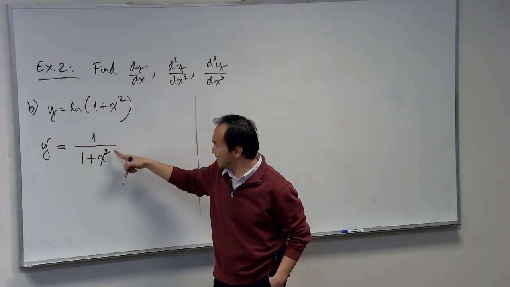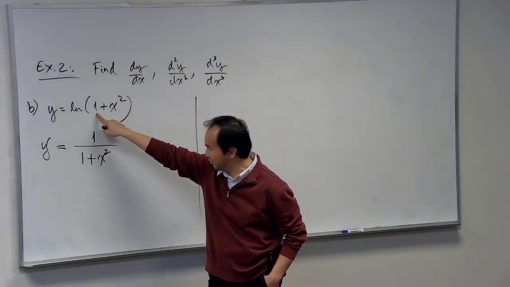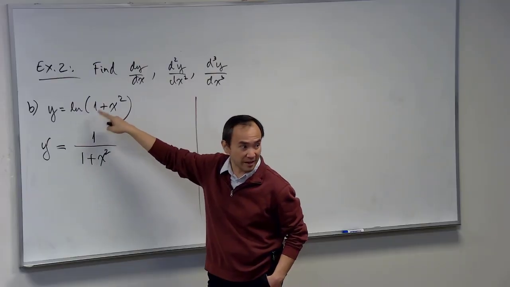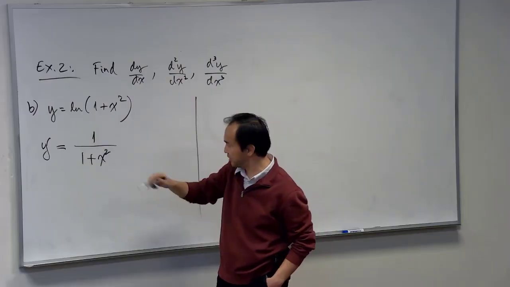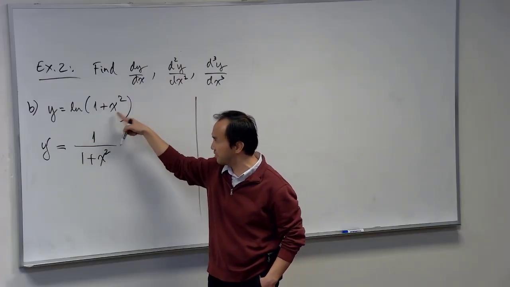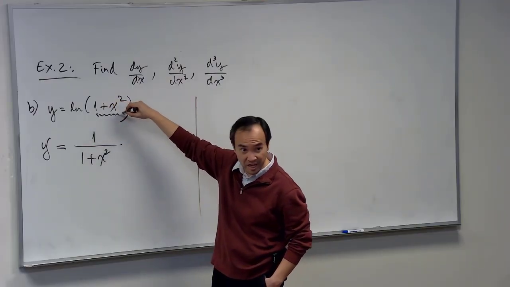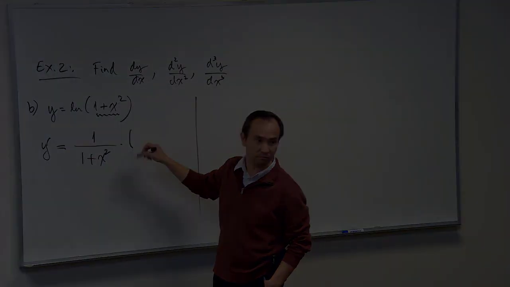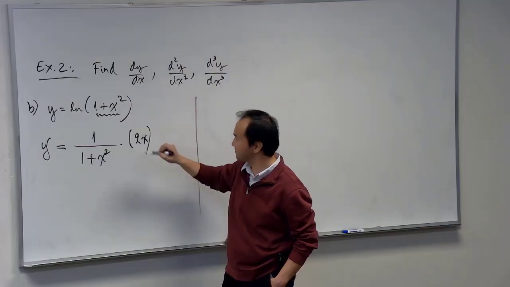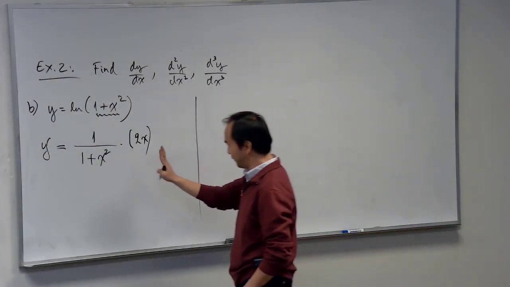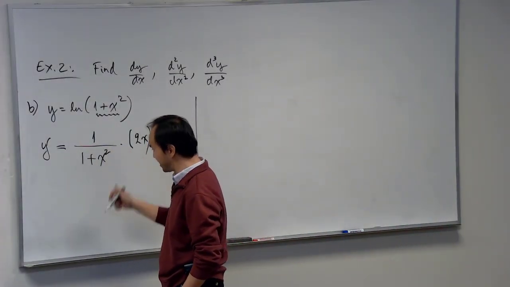But then, once again, whatever we recognize being the inside of our logarithm, that means we have some inside portion, so chain rule is going to kick in and say we need to also take the derivative of the inside, making it what? 2x. Yes, 2x.